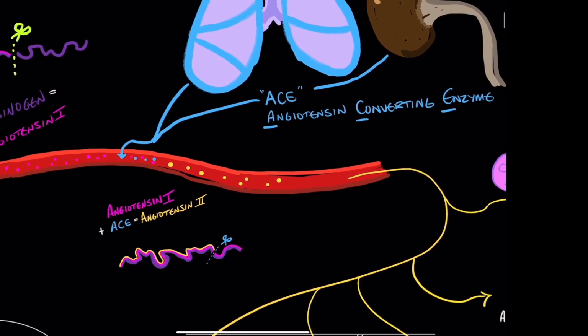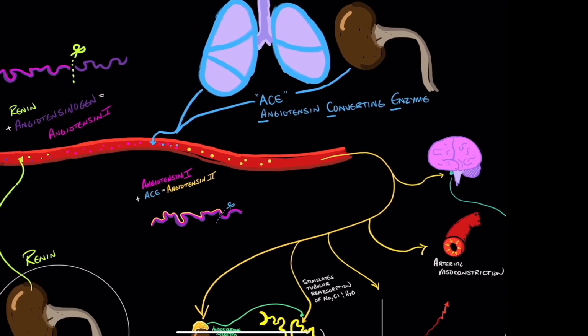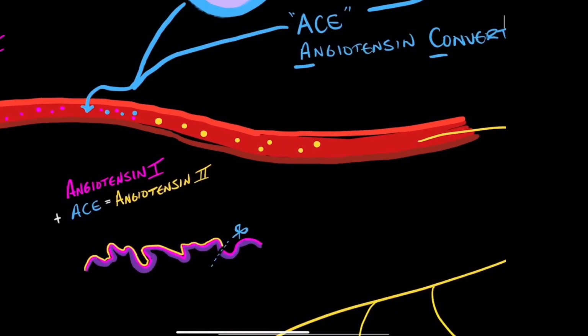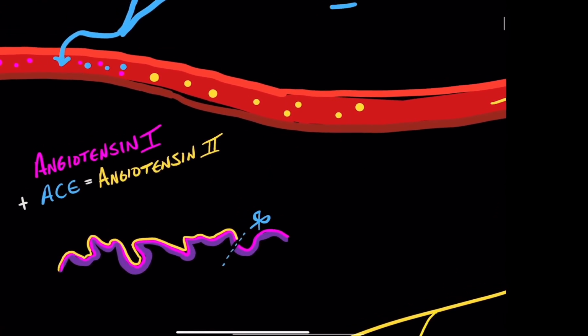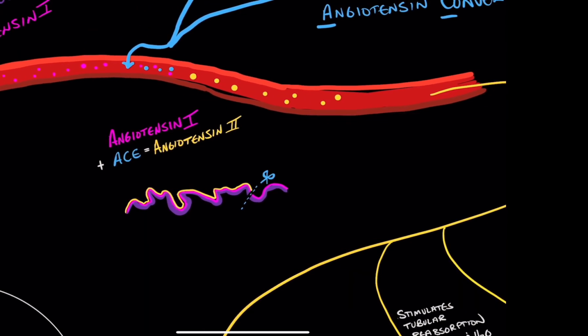But again, that's why I think it's important to understand what's going on with this RAS response. You can see here, this ACE, or angiotensin converting enzyme, is going to make its way into the blood system, and it's going to meet up with the angiotensin 1 molecule that was previously cleaved.